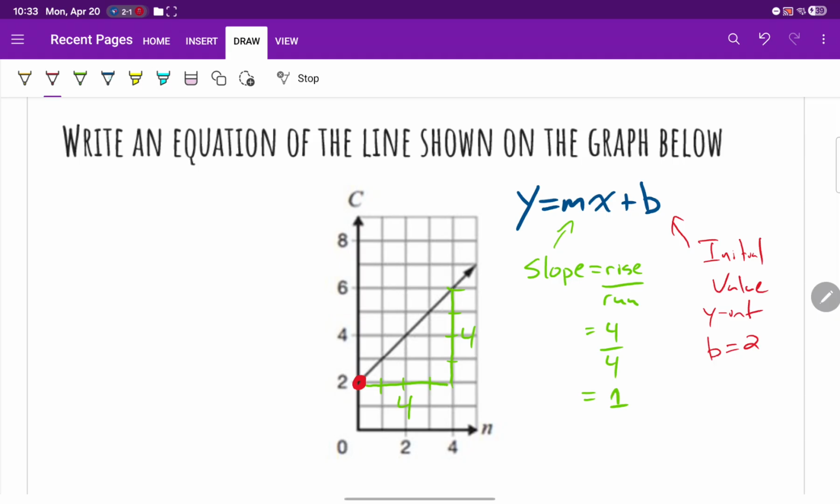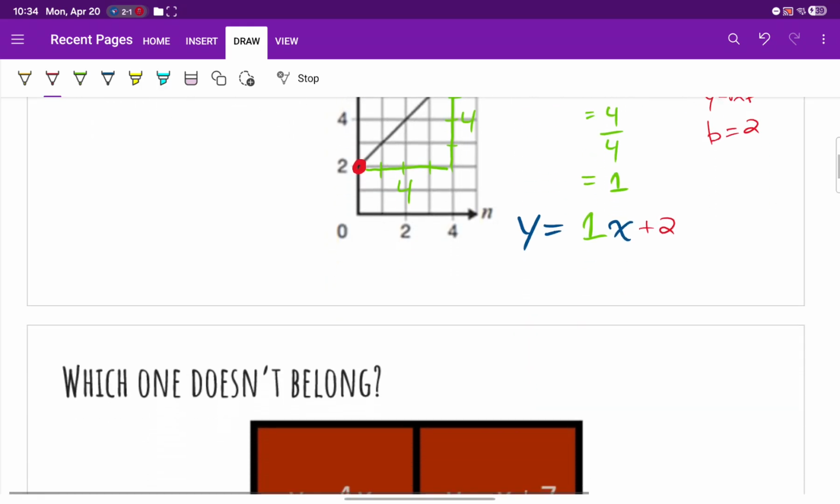So if I wanted to write the equation for this line, I'm going to write y equals, my m is 1, so I put that in here, 1x, and then plus 2. And that would be my equation for that line there. If you did have a chance to try that, hopefully you got it, because that is a review from last unit. Okay, we're going to continue here.